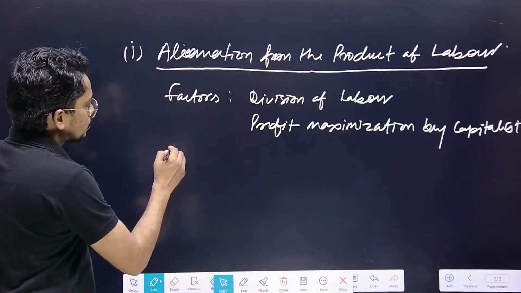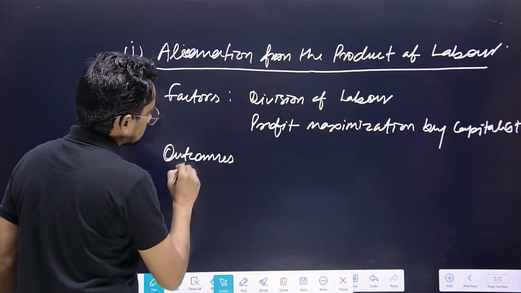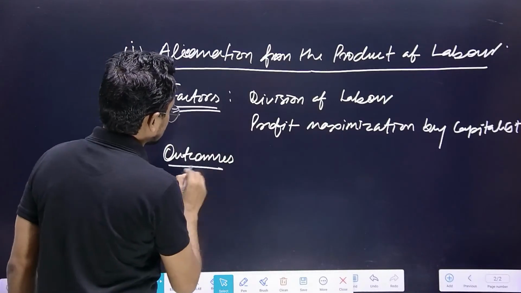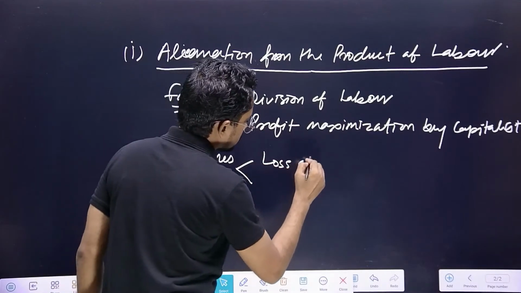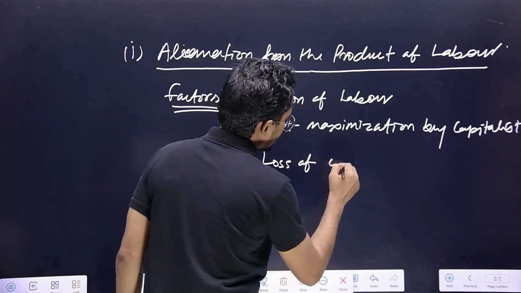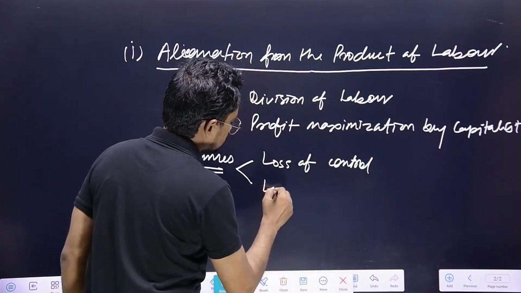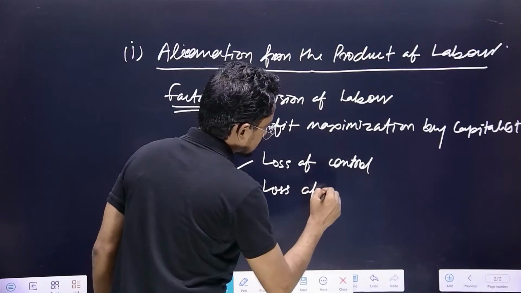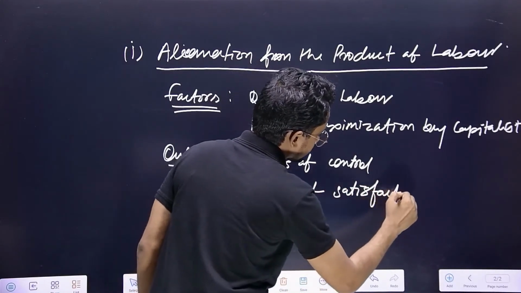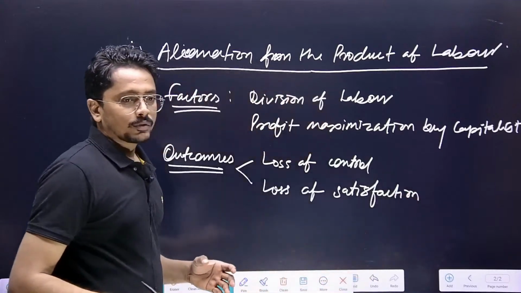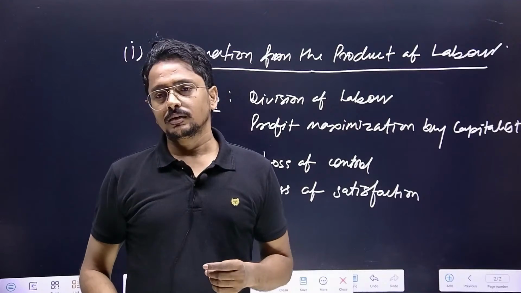So, what are the outcomes? Loss of control, loss of satisfaction. This is basically the outcome of alienation from the product.